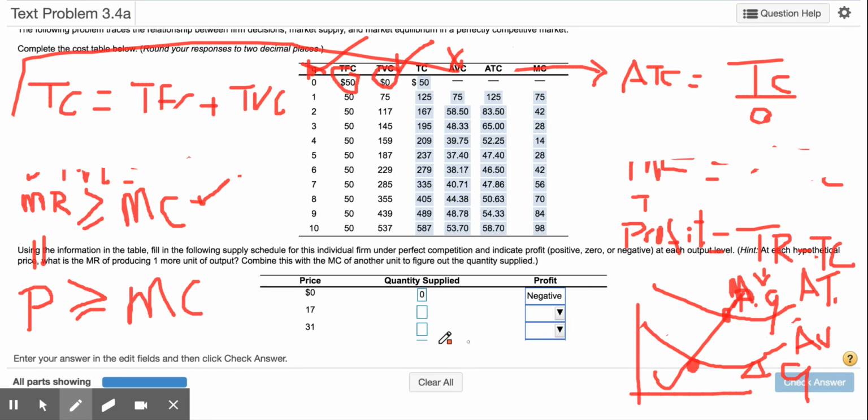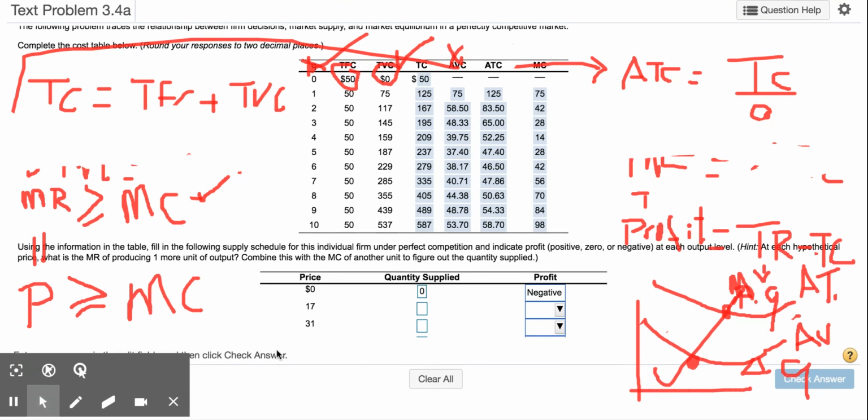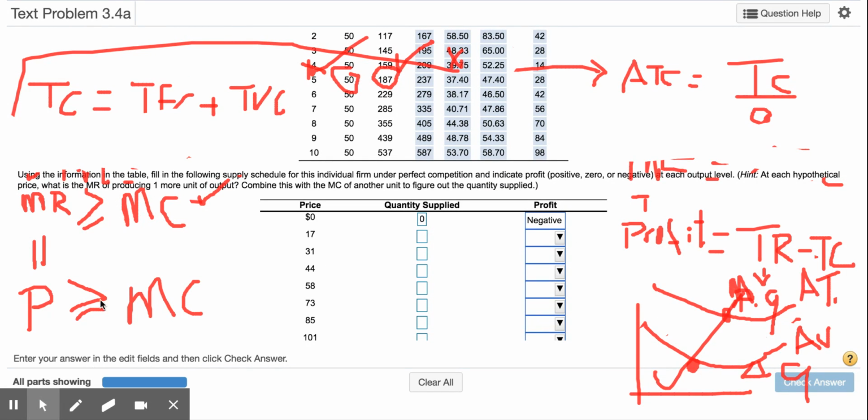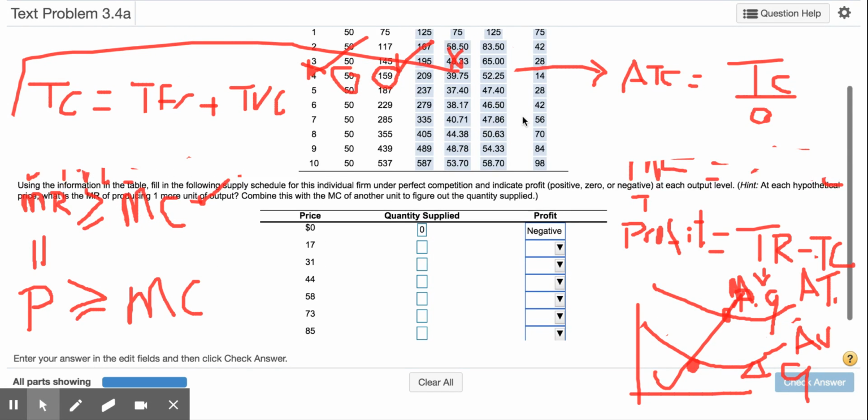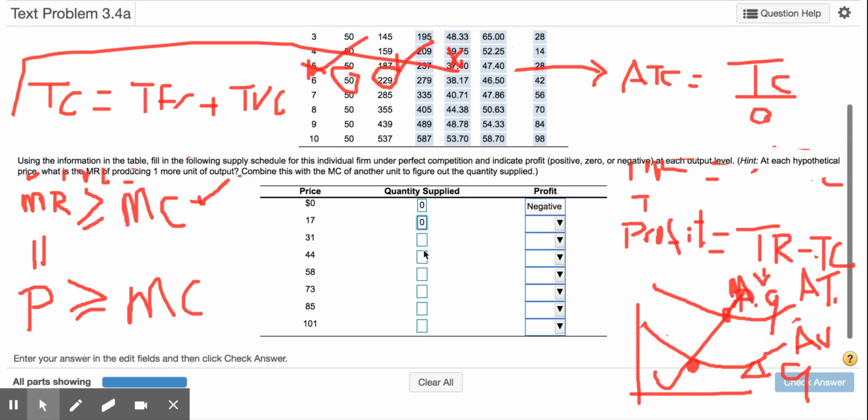So when the price is 17, okay, price is higher than marginal cost, but notice that the price is lower than both the average variable and average total. We are here. So this company is shut down. It's below the shutdown price. This company should produce 0. You're not even covering your variable cost, right?